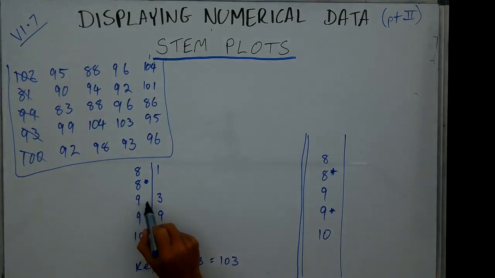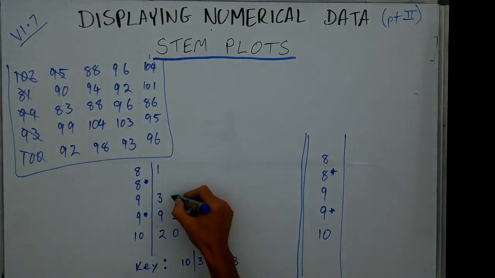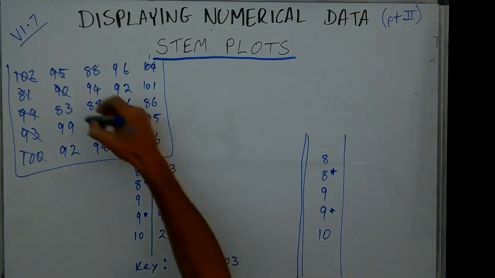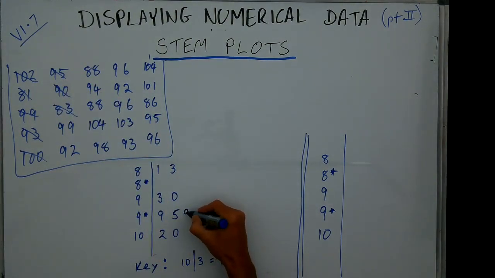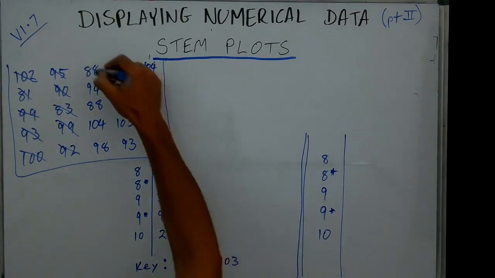So this is 9 up to, but not including 95. So 95 goes in this group. In that group. 3. 9, 2, 8 in that group.